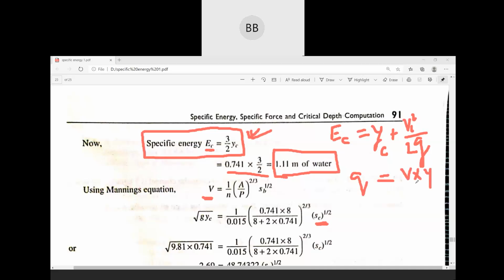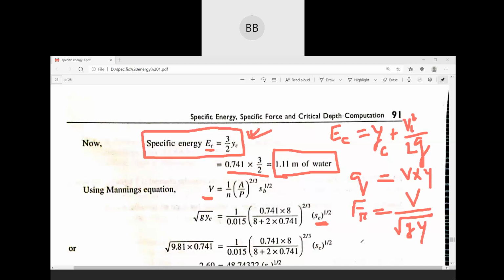We have already derived this expression. To find out velocity, you can use this equation also, or Froude number. For critical depth, Froude number is 1. The Froude number equation is nothing but V divided by root over gy.